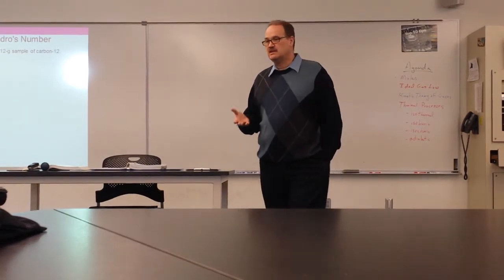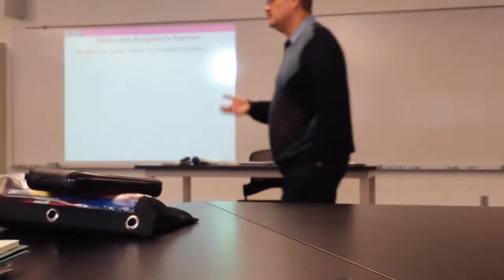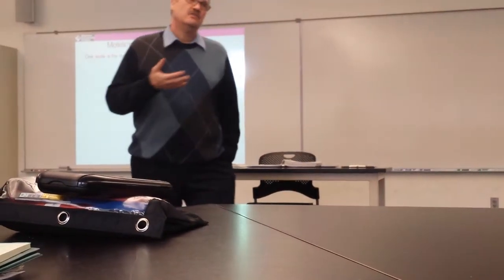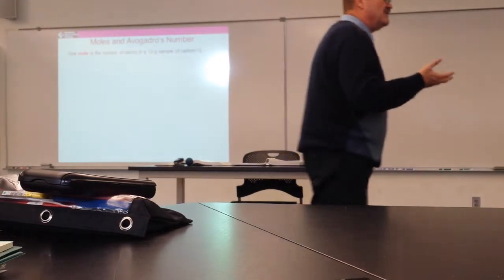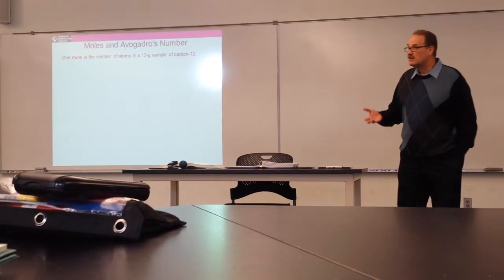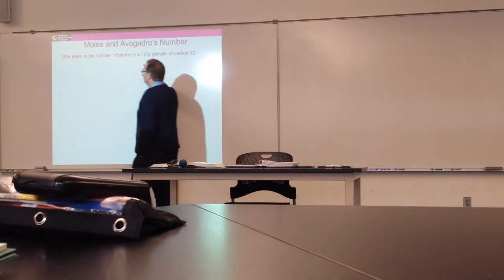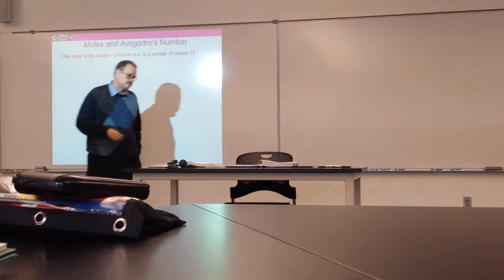In fact, we particularly want to know the number of atoms or molecules in the gas, but that's a huge number. And so if we did all our calculations with the number of molecules, we'd always be dealing with huge, huge numbers. So in order to talk about the number of molecules in a container of gas and keep that number relatively small, this concept of a mole was introduced.